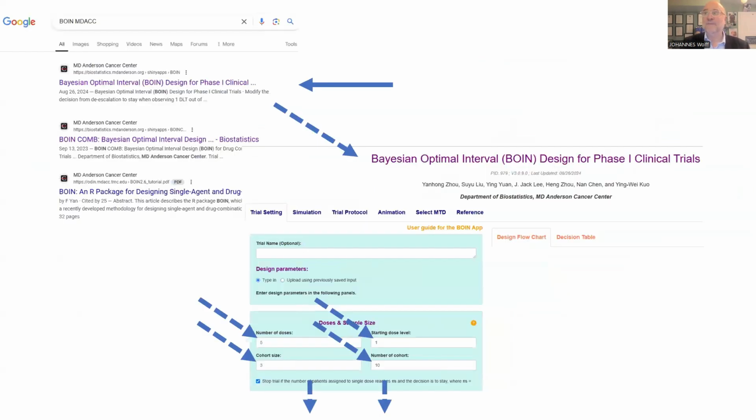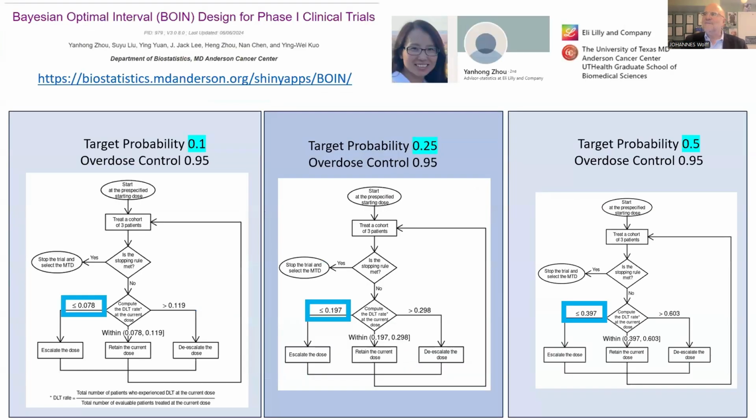Here's the software. If you Google BOIN and MD Anderson Cancer Center, MDACC, this is what you get, at least now in November 2024. The top line, if you click on that, you come to this study designer. I've tested a few of them to show you and whet your appetite for playing with it.